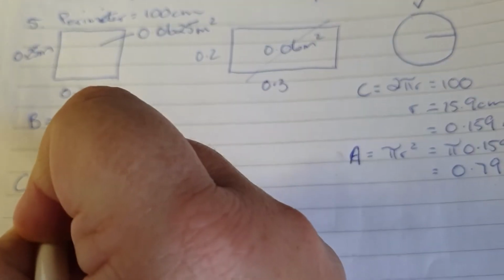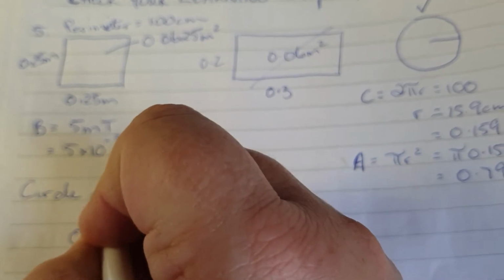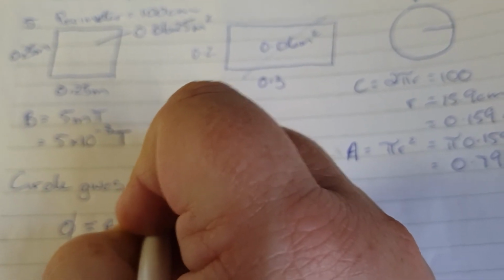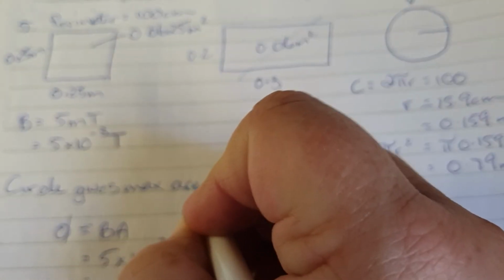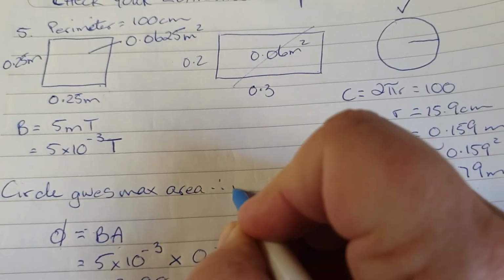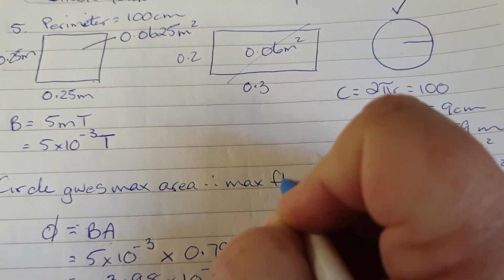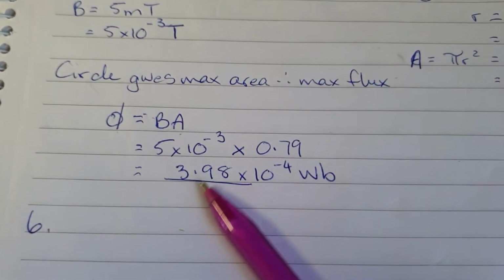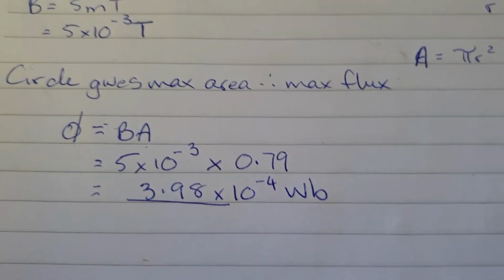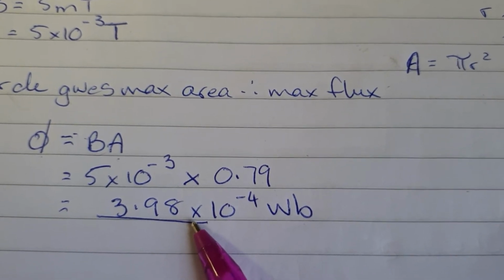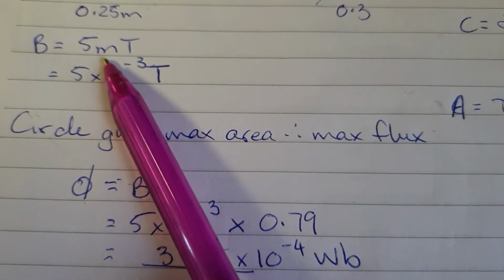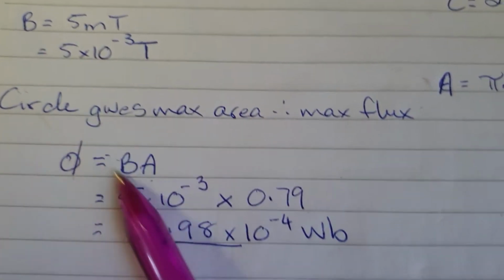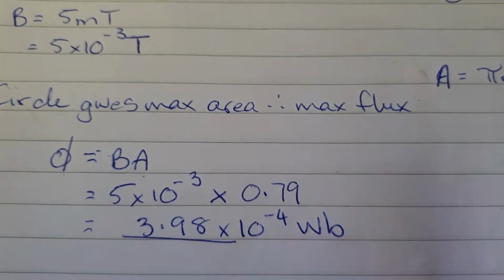Circle gives max area, therefore max flux. Right, there we go. Perfectly reasoned, no worries at all. Answer seems very small, but then our magnetic field was in milliteslas, so a small answer makes sense.